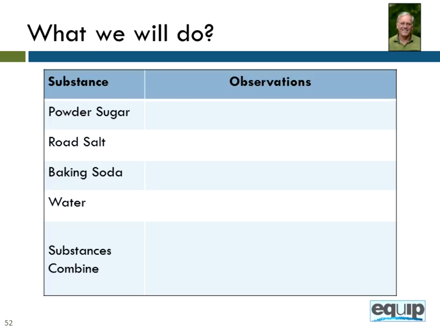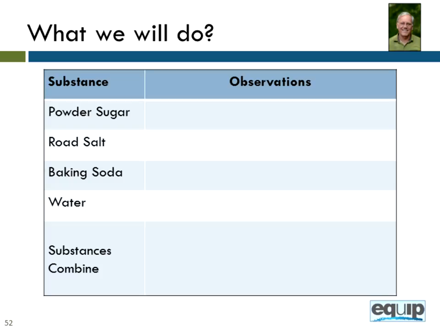So we're going to make some observations. Because we're not going to see this full series of the videos, we're going to look at baking soda, road salt, calcium chloride, and sodium carbonate, and then water.